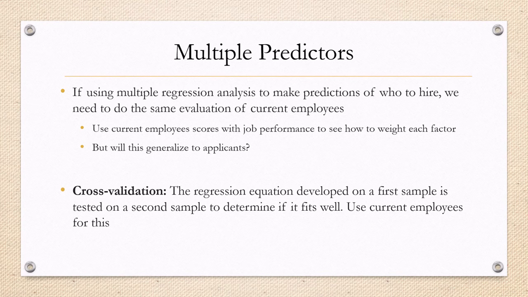One of the ways to handle this is to look at our current employees and only take a sample of them to get our predictor weights. And then do a cross-validation using the regression equation developed on the first sample to test the second sample and determine if it fits well.